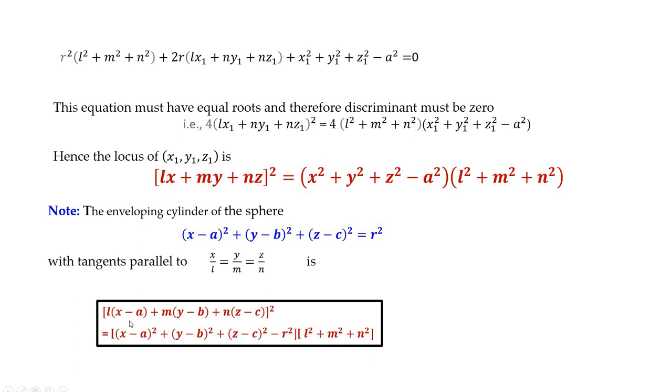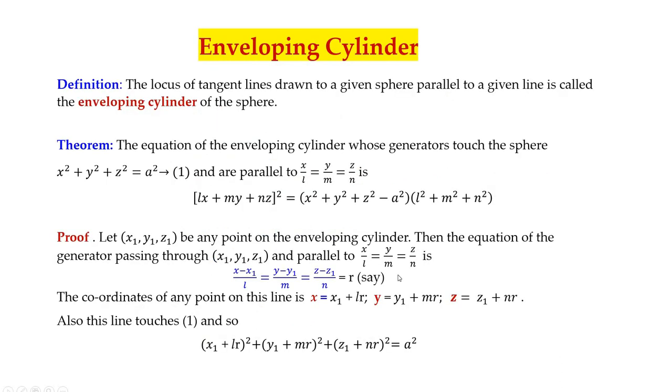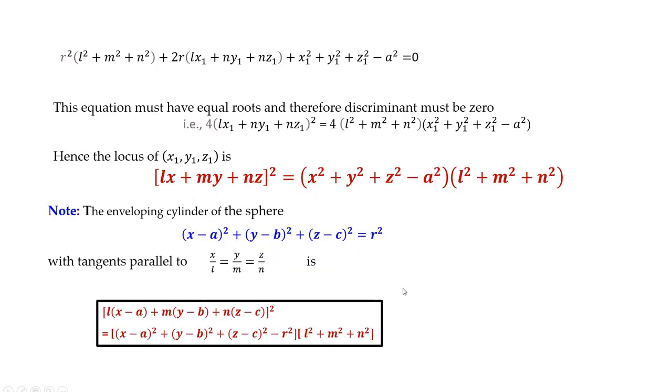L into x we had, here x minus a, m into just y, here m into y minus b, and n into z minus c the whole square, and x is replaced by x minus a, y is replaced by y minus b, and z is replaced by z minus c, and this one is retained as such. So depending on the problem asked, whether we have to use the first one, this one, or this one, we'll have to decide and do.